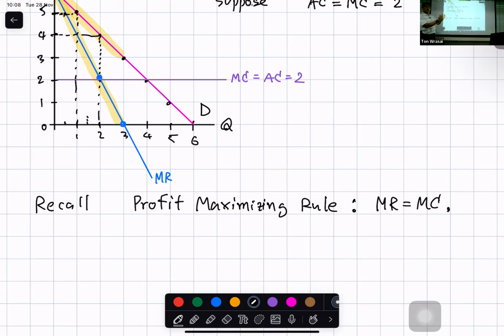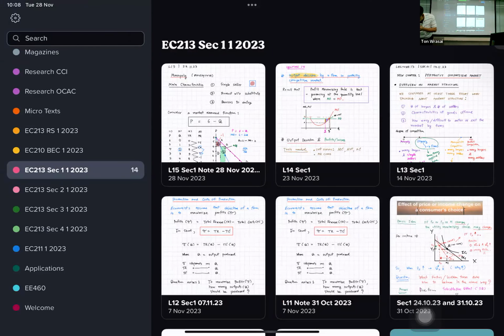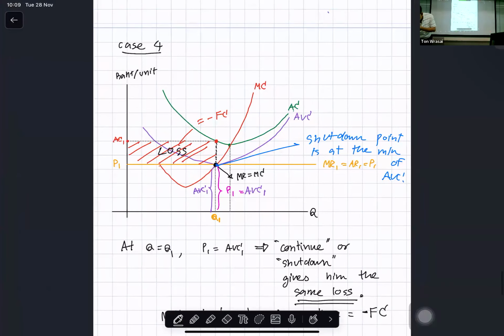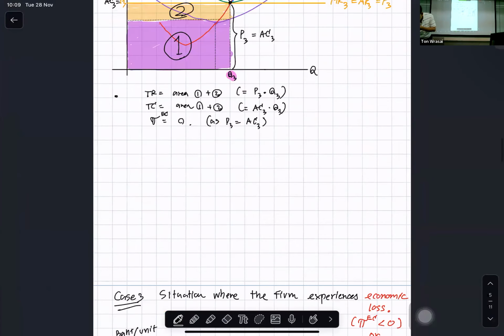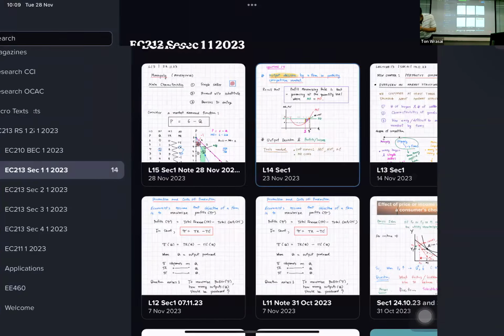And now we open the instruction manual for the profit maximizing rule that we learned last class. Let me remind you first. I'm talking about this diagram, lecture 13.